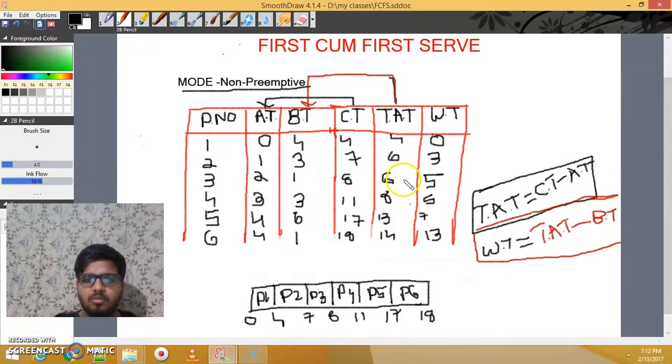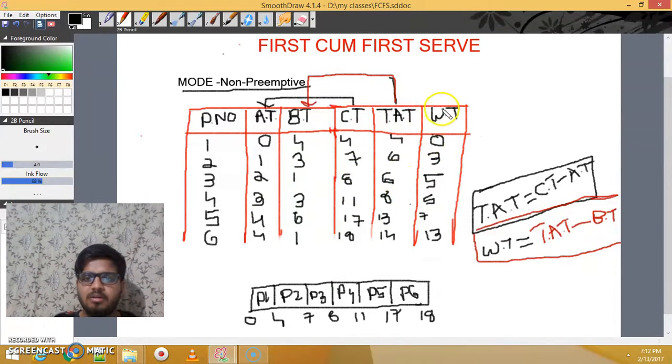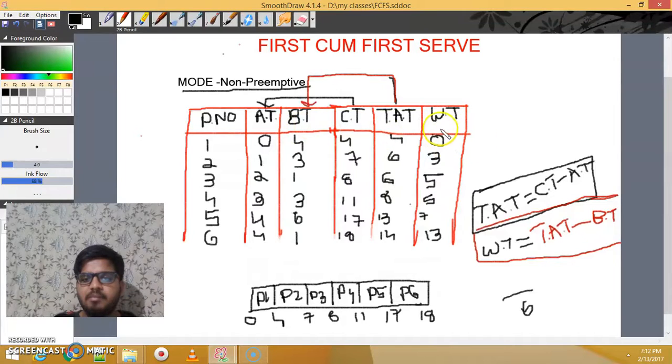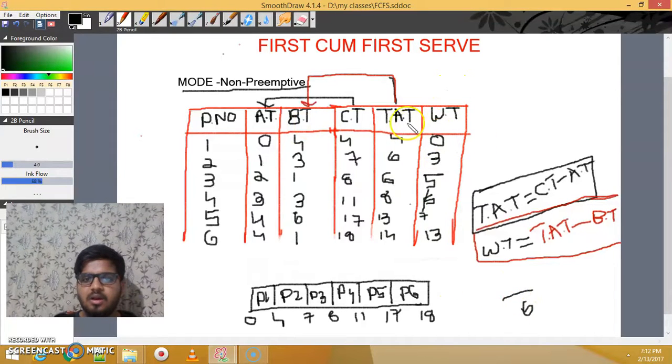What type of questions you may get is that they will simply ask what is the average waiting time, what is the average turnaround time. Average waiting time is calculated by adding all of these and dividing by 6. Like turnaround time, add all and divide by 6, then you will get the average turnaround time.